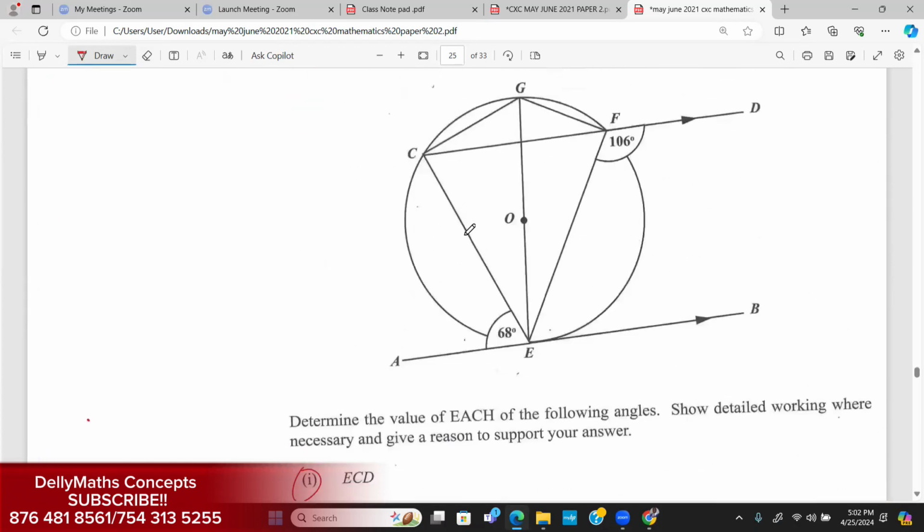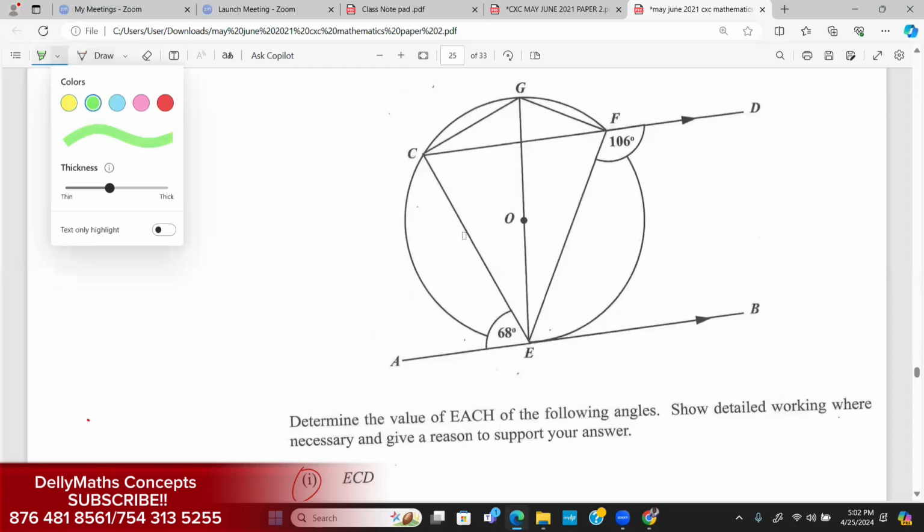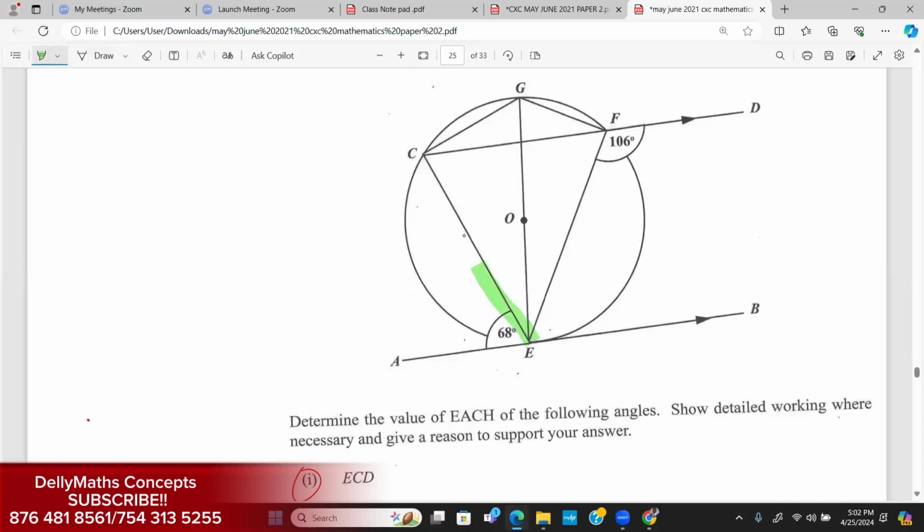Normally what I do is to mark the angle. ECD, so from E to C, going to D. And the angle is going to be the middle letter. So we want to find that degree of turning right there.